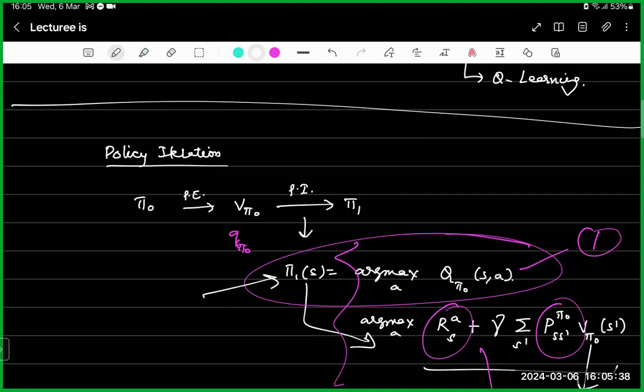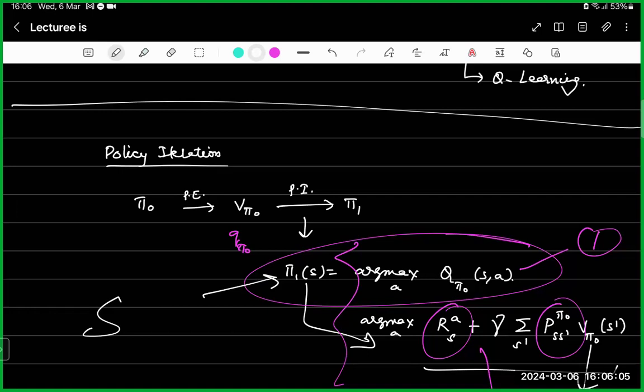And with epsilon probability, what will we do? Take any action at random. So that's called an epsilon greedy improvement policy.